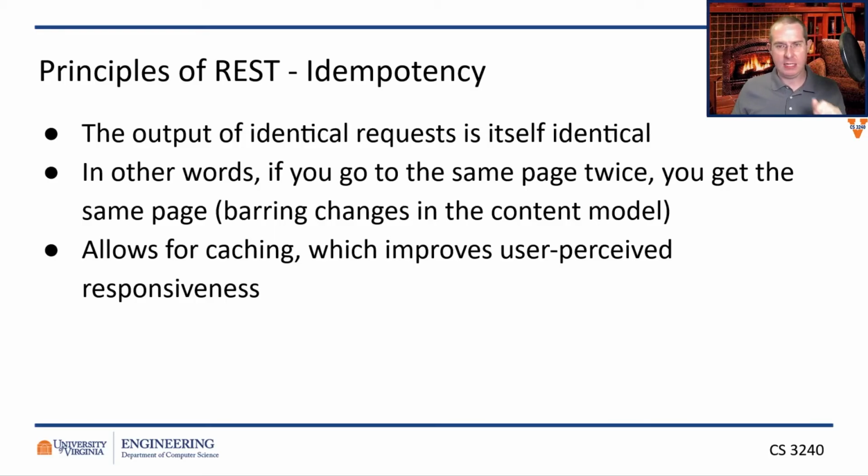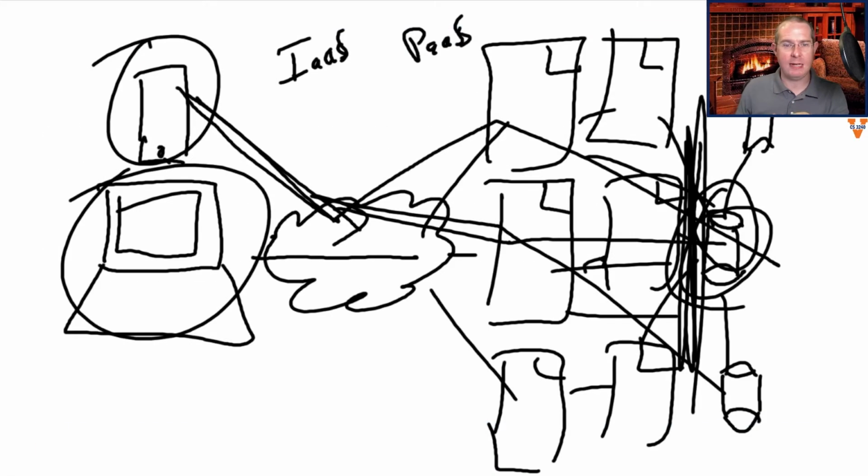So if in this example, the mobile app and the laptop sent the same request to the servers, even if they hit different servers, since they're talking to the same data model on the other end, I should get the same response, unless for some reason the data has changed.